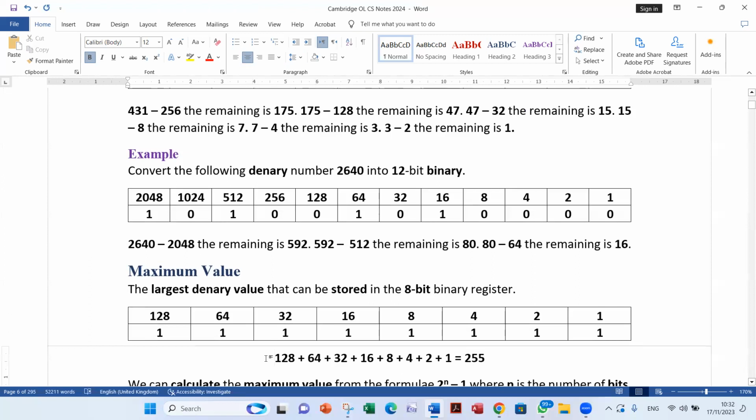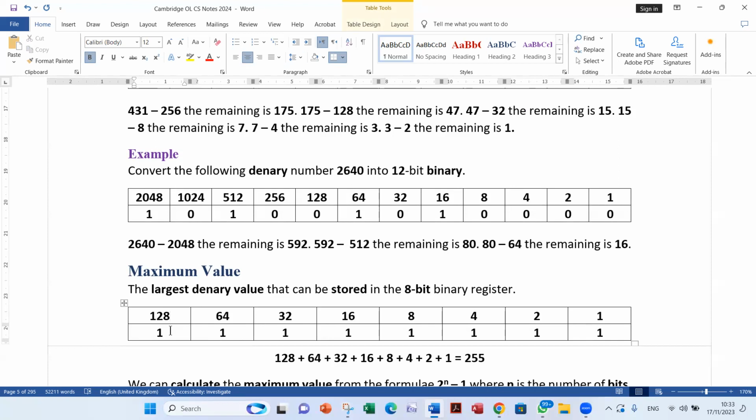Okay, so if you have 8 bits, the leftmost weight is 128, twice of it, 256, subtract 1. I will tell you in a moment that subtracting 1 is really a rule. And it is 255. You did that yourself and found the total is 255.